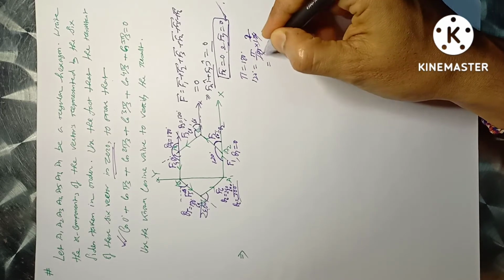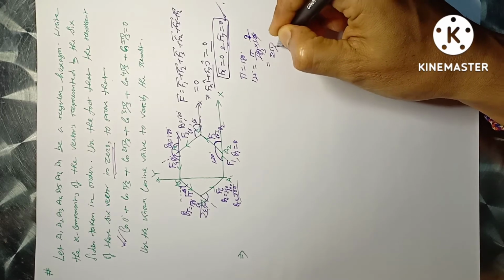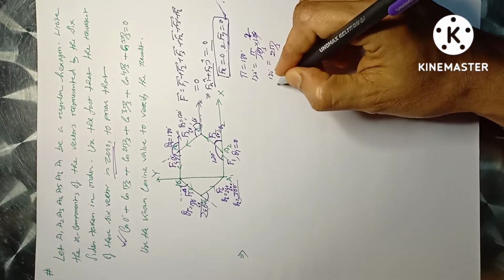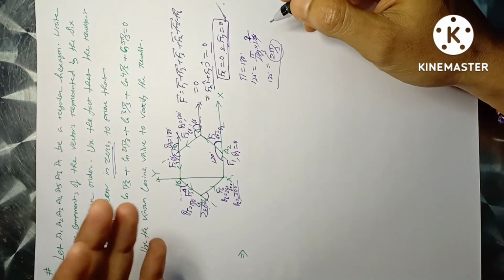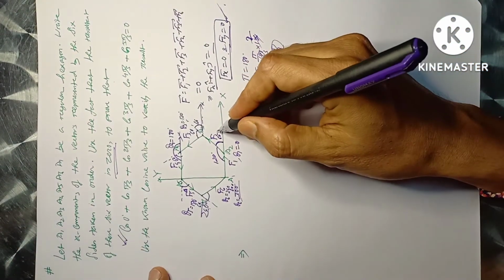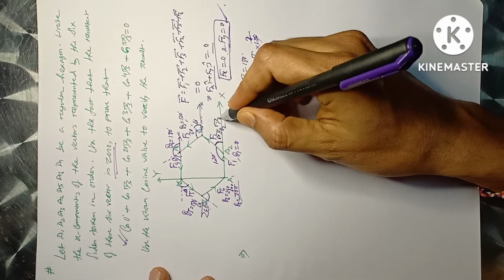We get 2 pi divided by 3. Therefore, 120 degrees can be written as 2 pi divided by 3. Also, in the same way, 60 degrees equals pi divided by 3.